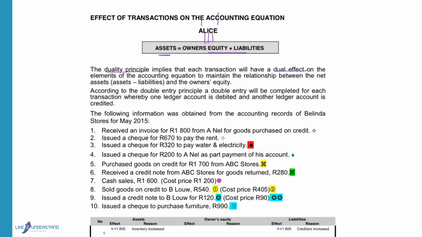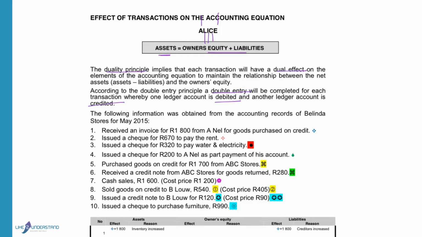According to the double entry principle, a double entry will be completed for each transaction in an account in the ledger, whereby one account will be debited and the other account will be credited.